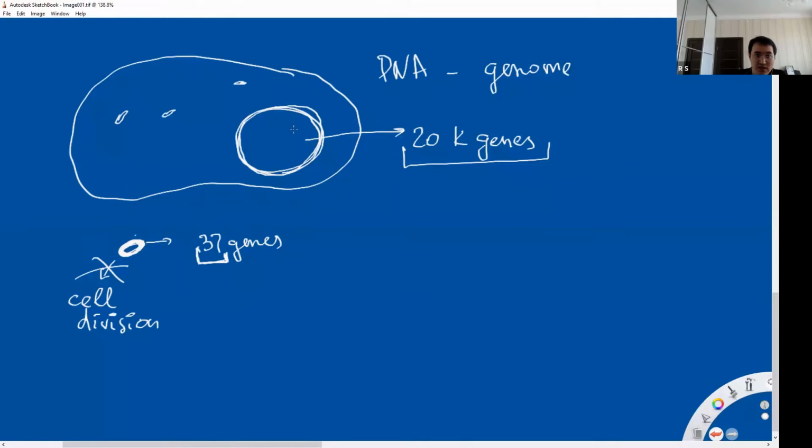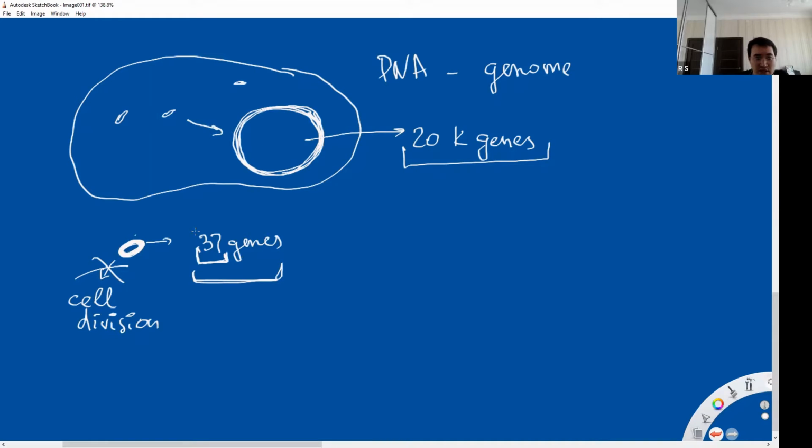And the usual nuclear DNA also produces some of the genes for mitochondria only. And this means that previously the mitochondria had many more genes than 37, but they migrated here, most probably because they were prone to mutations.